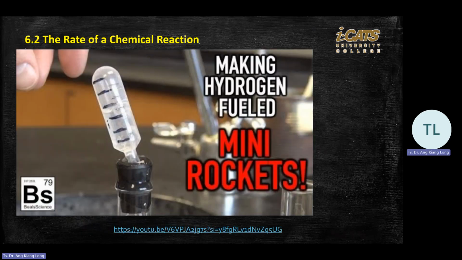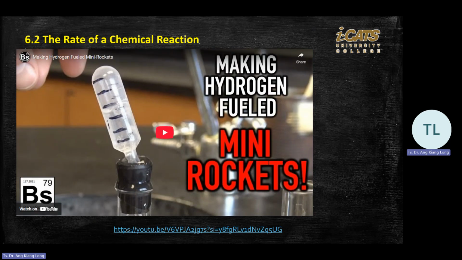Okay, so this is a video of how you make a hydrogen fuel mini rocket, an experiment. If we have time, then we'll do this one. If no time, then this is just a video for you guys.